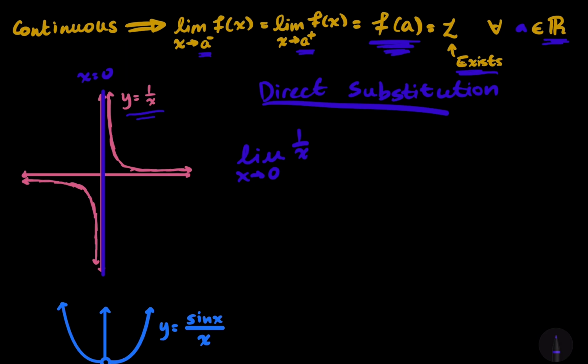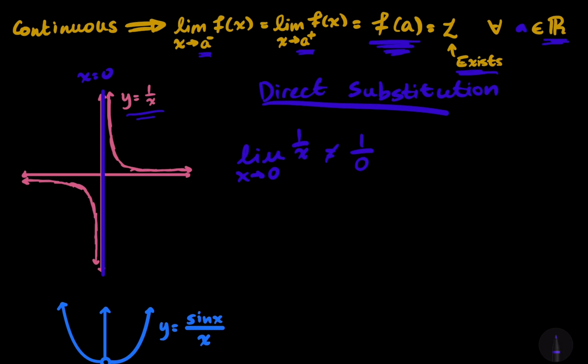Supposing that 1 over x is continuous, then this is just going to be equal to 1 over, where you replace x with whatever value a is, which would be 1 over 0. And then we have a little bit of an issue, right? Because we're dividing a number by 0, so that doesn't work out, and we can't say that this is true.